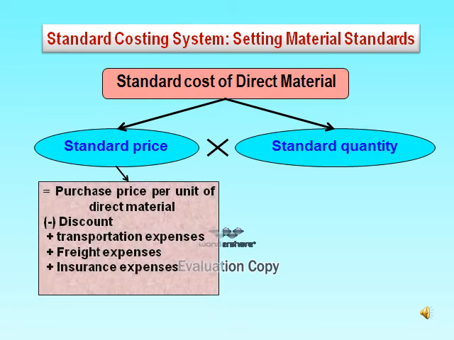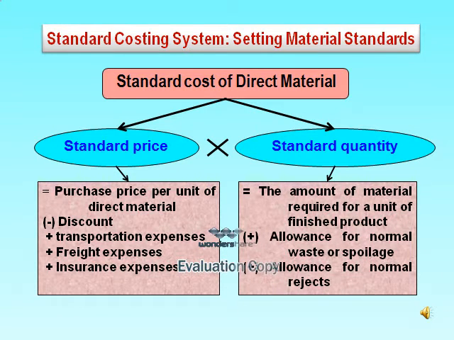Standard price equals the purchase price per unit of direct material minus discount plus transportation expenses, freight expenses, insurance expenses, and any other expenses. Standard quantity equals the amount of material required for a unit of finished product.